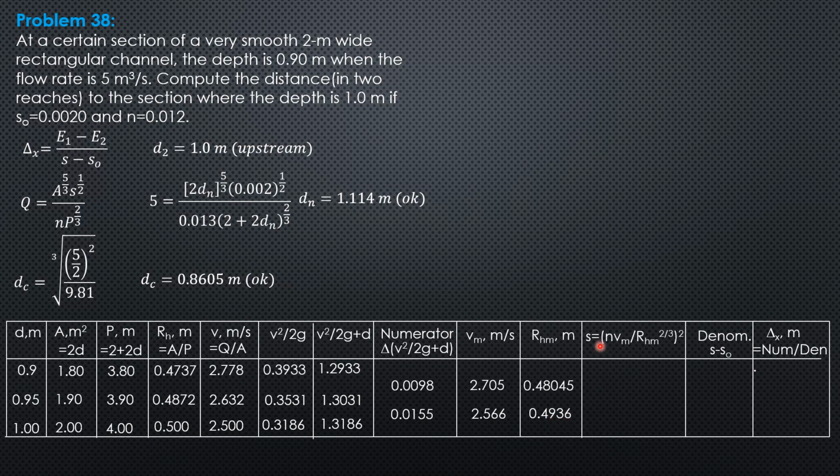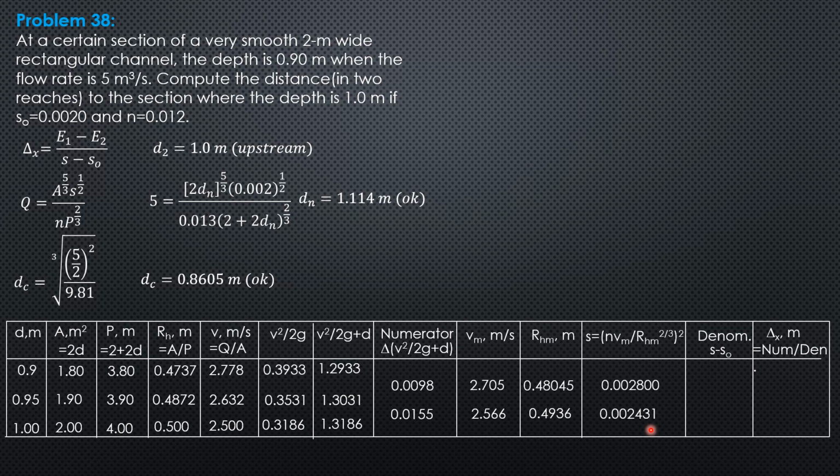So we can now solve for the slope. Quantity 0.012 times mean velocity 2.705 divided by mean hydraulic radius 0.48045 to the 2/3, quantity squared. So it is 0.002800. Then here, 0.012 times 2.566 divided by 0.4936 to the 2/3, quantity squared.